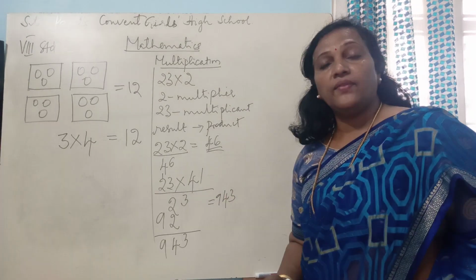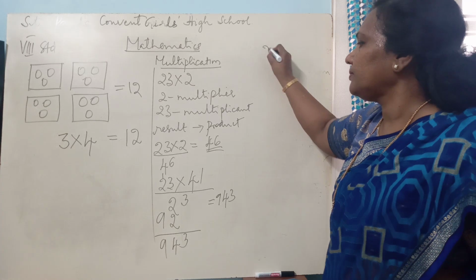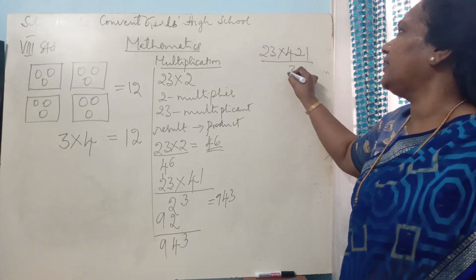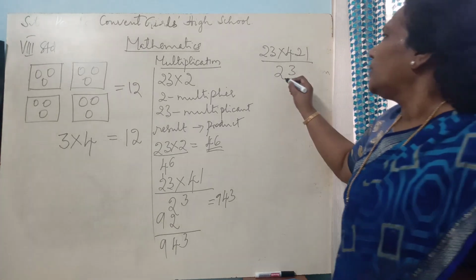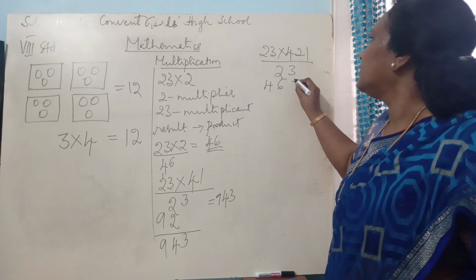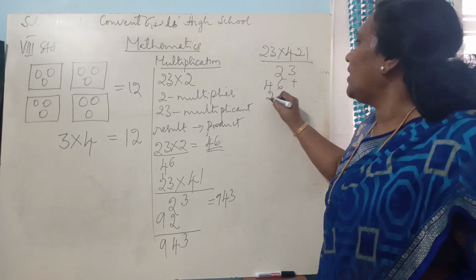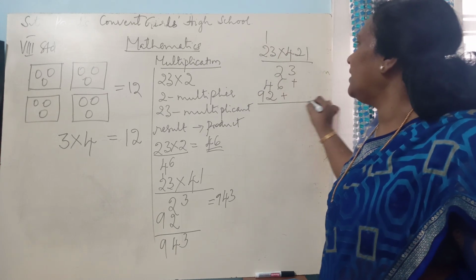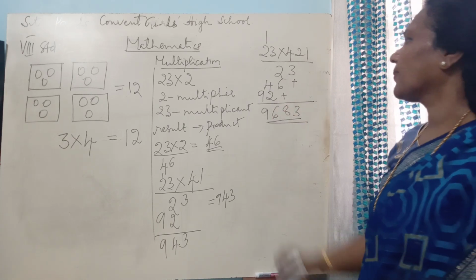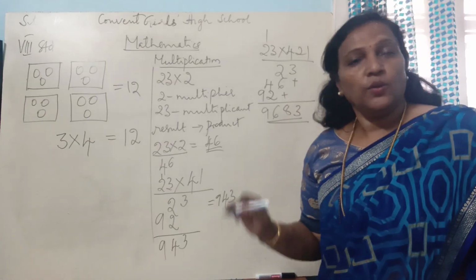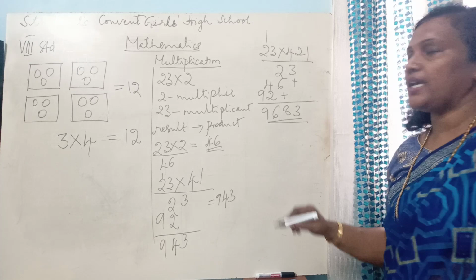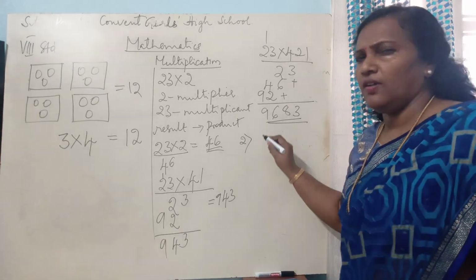Let us multiply with 3 digits. 1 3s are 3, 1 2s are 2, 2 3s are 6, 2 2s are 4. 4 3s are 12, 1, 4 2s are 8 plus 1, 9, 3, 8, 6, 9. You know how to multiply.